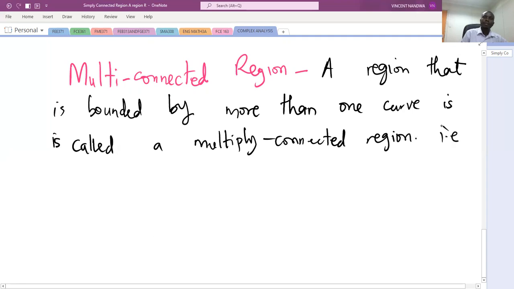That is, a region which is not simply connected.